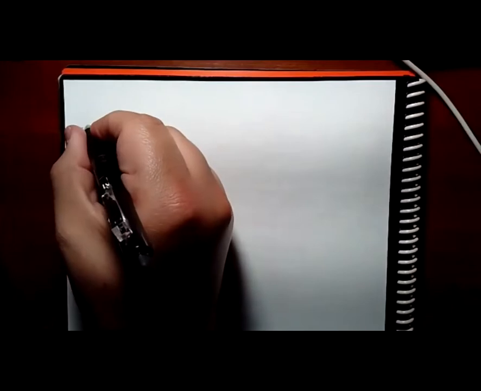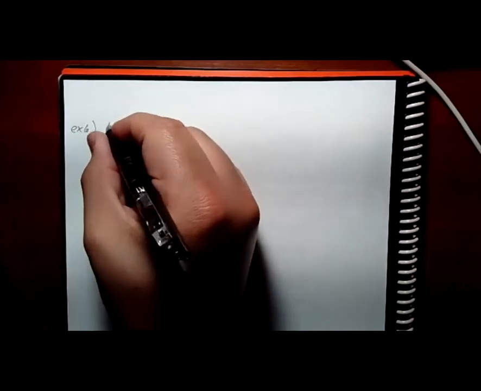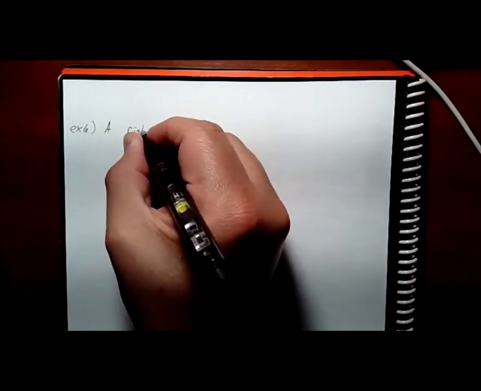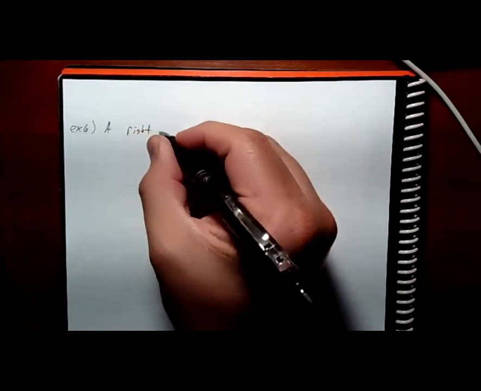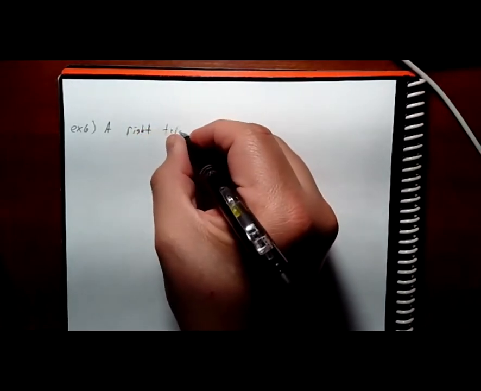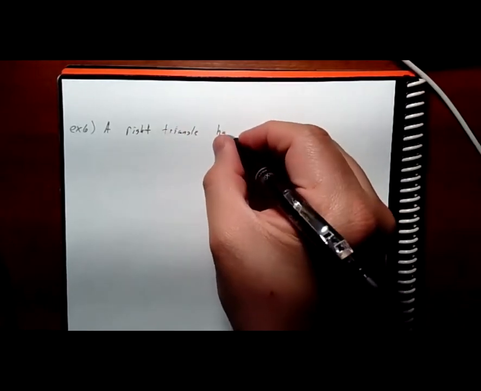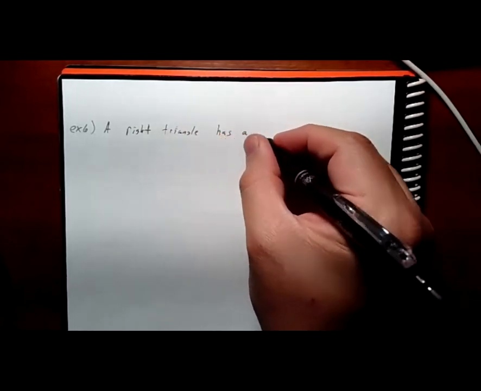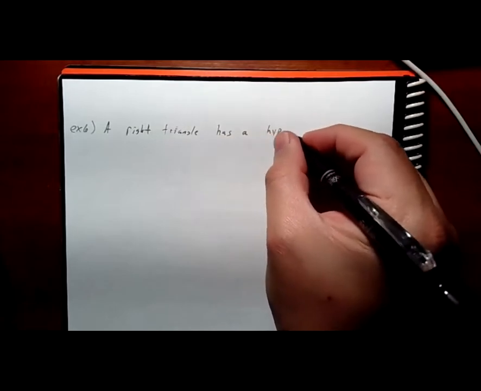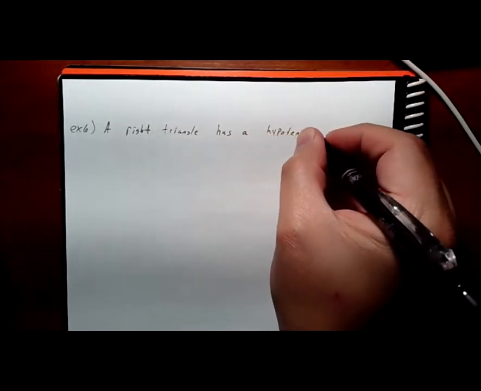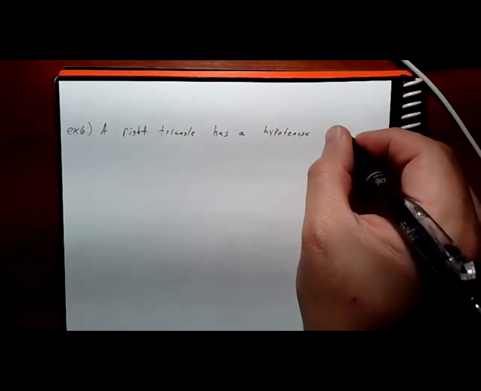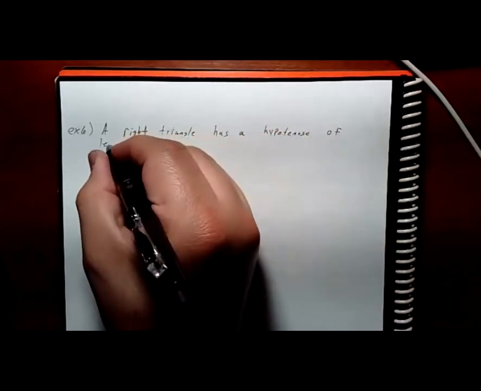We are on number 6. A right triangle has a hypotenuse of length 4 inches.